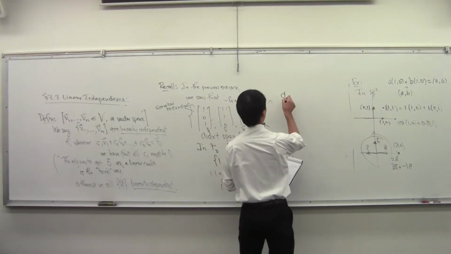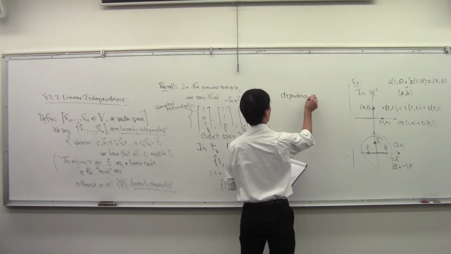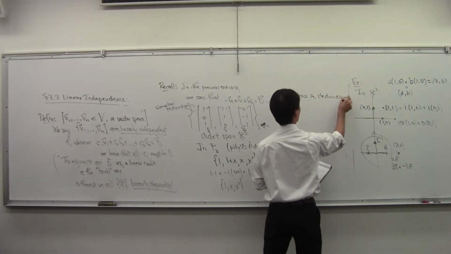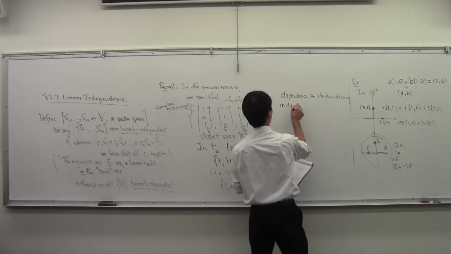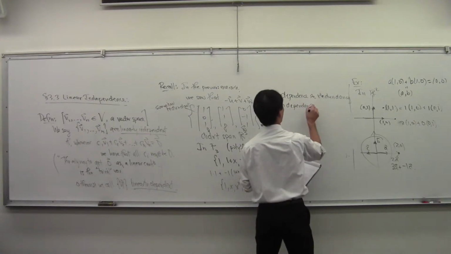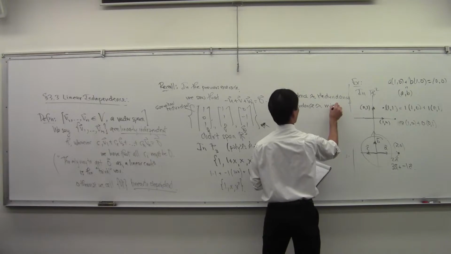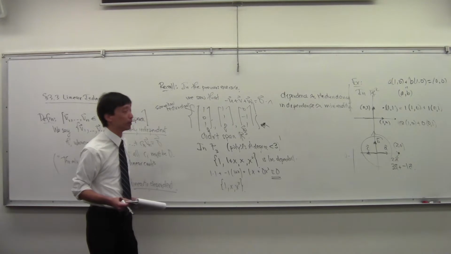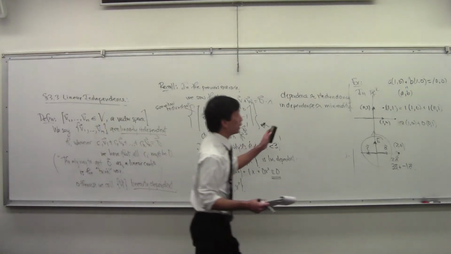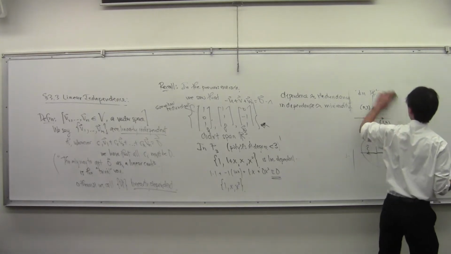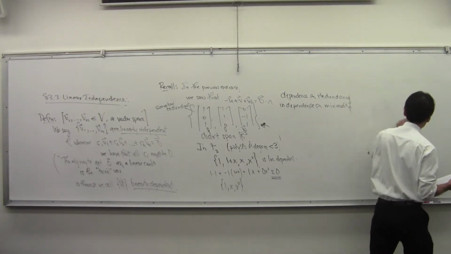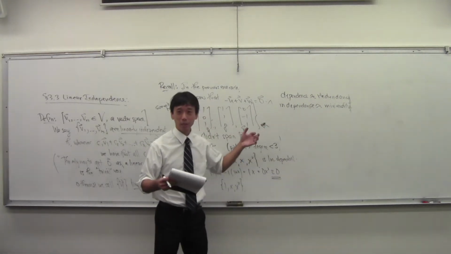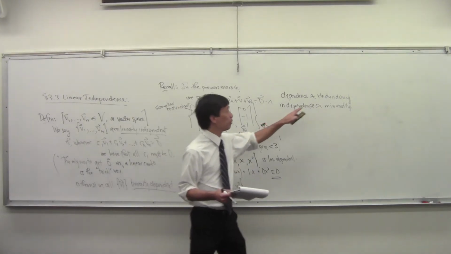So dependence is basically some sort of redundancy, and independence is minimality. This is really how you want to think about what linear independence means. And it'll turn out that being linearly independent results in some nice properties. We're basically going to try to make clear what this means.